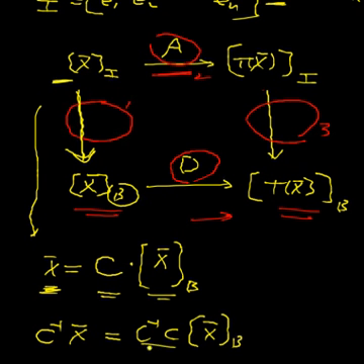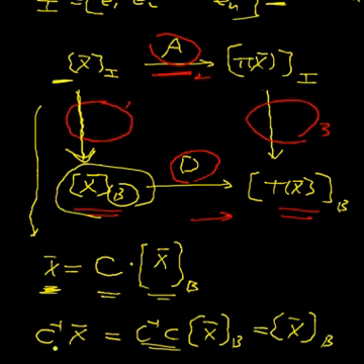I know this is the identity, so it becomes X_B. So I can write X_B equals C inverse pre-multiplied by X. So I know that direction is C inverse.